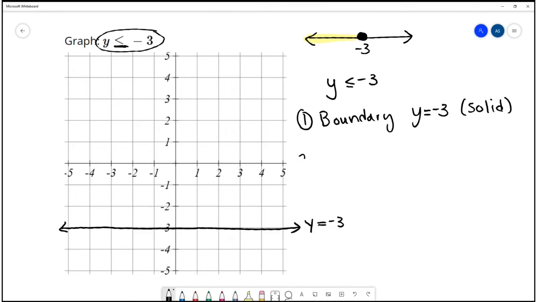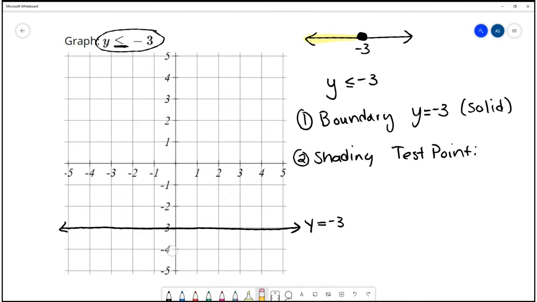Now the second step is you're going to do some shading. Now for the shading, you're going to choose a test point. And there's only one rule with the test point, and that rule is that your test point cannot be on the line. So you can pick any ordered pair on this grid as long as it is not on this line that we've just drawn.